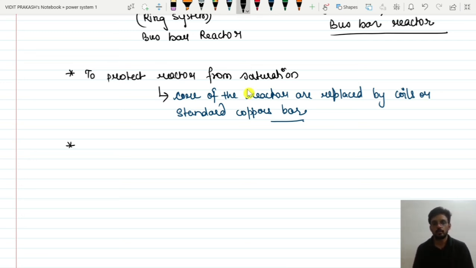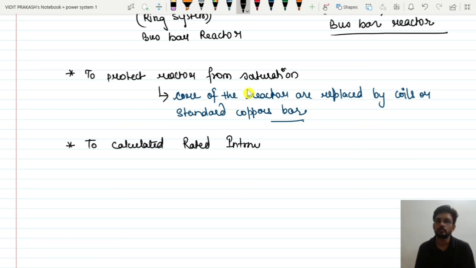Next is to calculate the rated interrupting MVA capacity of a circuit breaker.